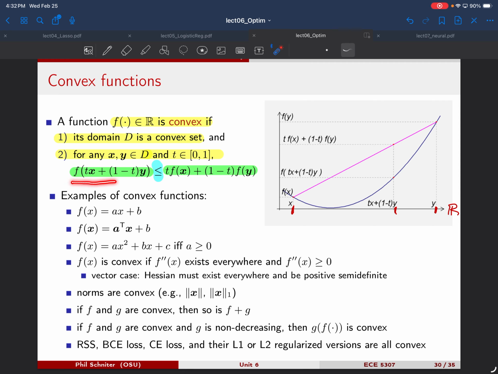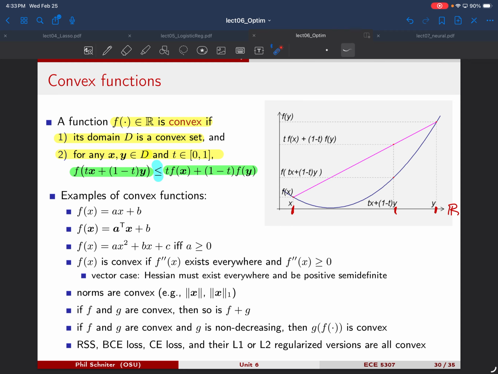We look at the function at that value, and it would be this. So if I do my convex combination on the inputs and evaluate the function there, that must be less than doing my convex combination at the output of the function.